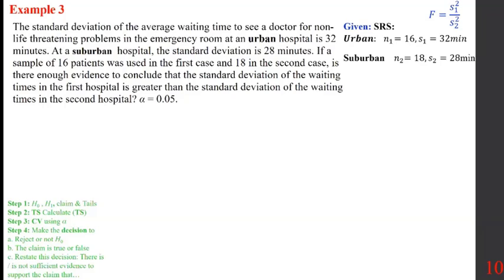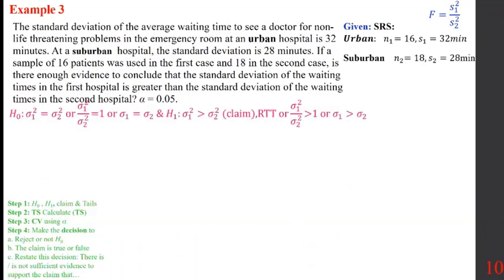Alpha is 0.05. That means when we want to look up that table, use the table with alpha 0.05. That's for the F distribution. And so how do we write H0 and H1? You use this one. However, if instead of that you use this one, then you should use this one along with that. It has the same meaning. Whether we say sigma 1 squared equals sigma 2 squared, or sigma 1 squared over sigma 2 squared equals 1, it's the same thing.